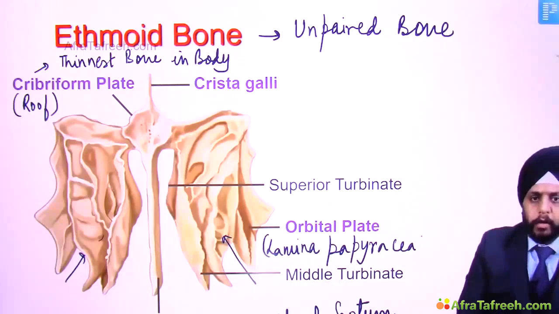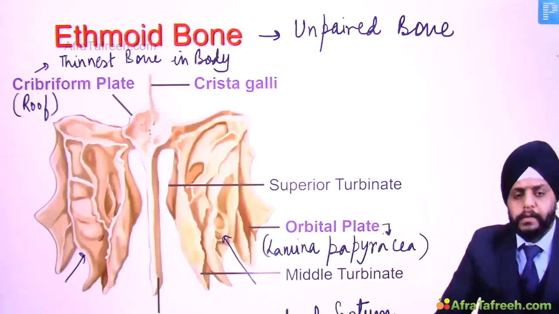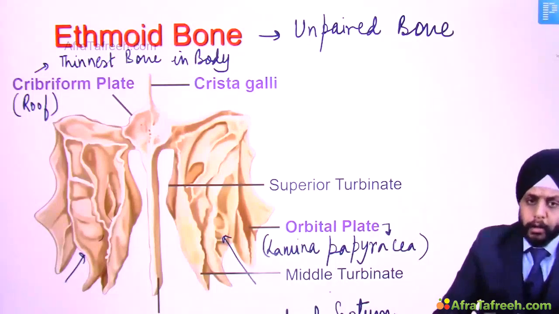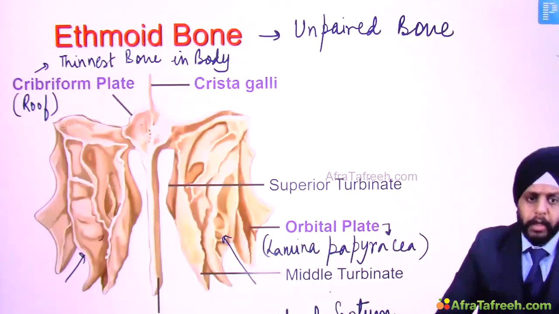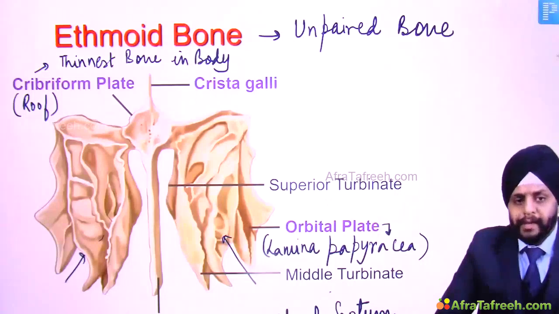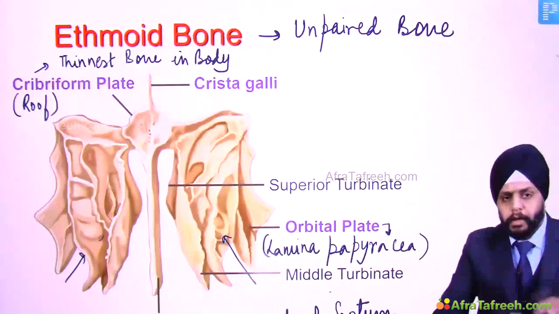So this orbital plate formed by the ethmoid bone is the lateral wall of the ethmoid, or you can say it is the medial wall of the orbit, and it is known as lamina papyracea because it is papery thin. Okay, so this was the ethmoid bone.